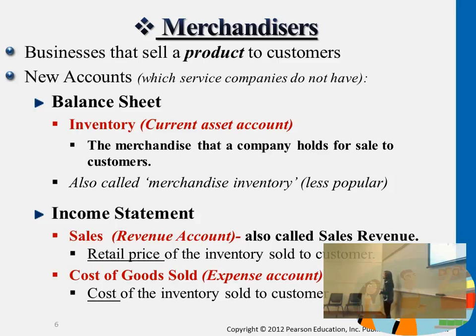Here, for a merchandiser company, inventory is an asset account for the goods that we purchased earlier, the cost of the goods that we purchased from the wholesaler, from the supplier. When we resell it to our target customer, it turns into cost of goods sold. Whatever amount was earlier captured in inventory, once we sell it to the customer, it turns into cost of goods sold. This is an expense account when we sell it.